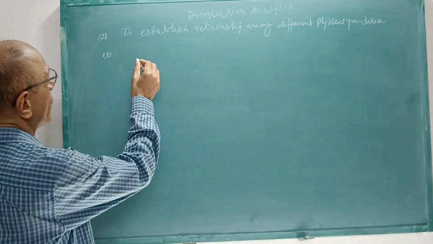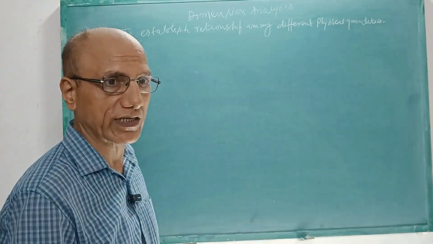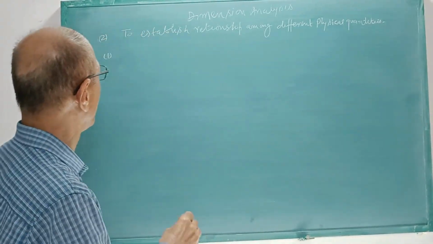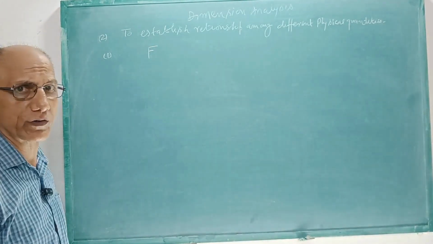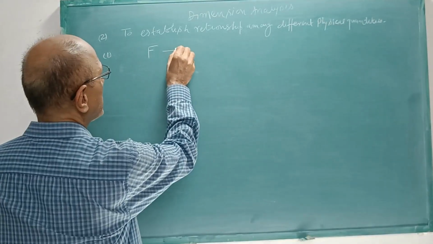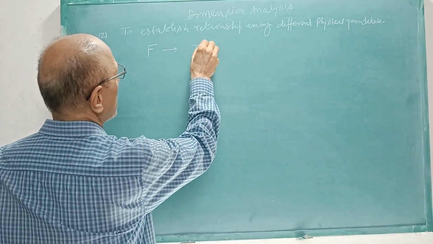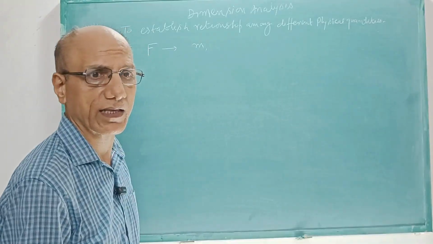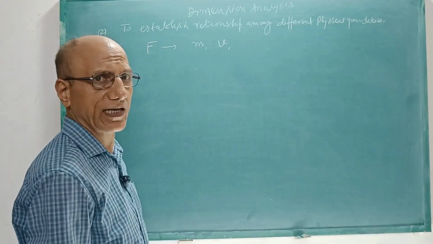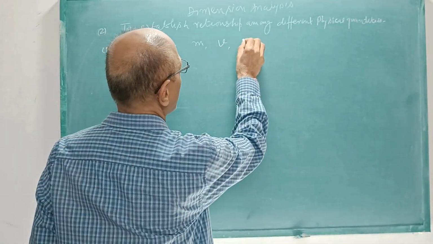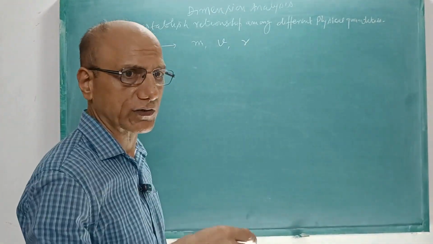Suppose we have to establish the relationship between centripetal force F, which depends on mass, velocity, and the radius of the circular path.